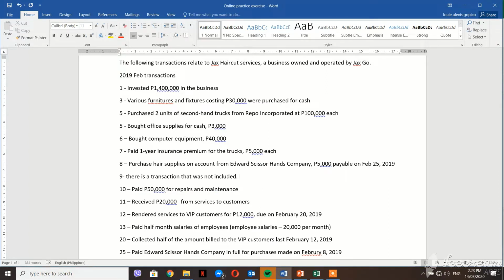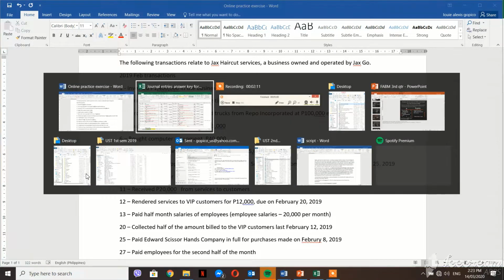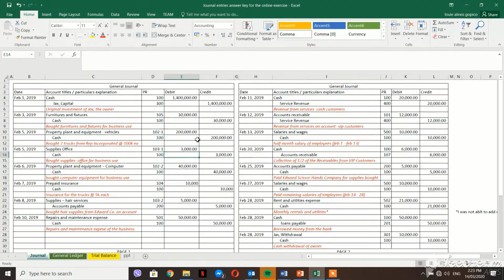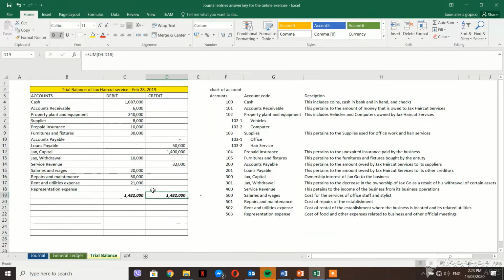So basically, our journal entries is lacking. It means it's kulang. Something is missing. Therefore, the trial balance will still equal. However, it is not correct because there is a missing transaction. So you get me? So the trial balance represents or proves that the debits and credits are equal.